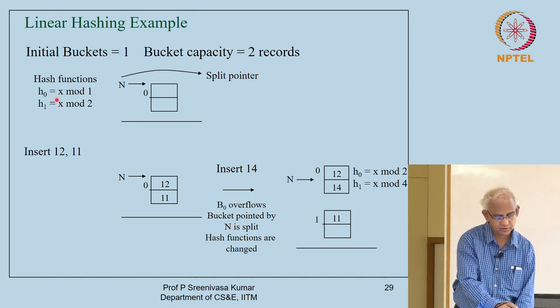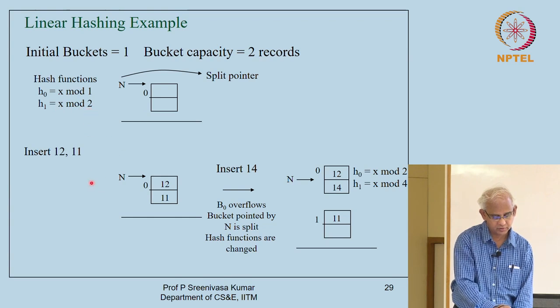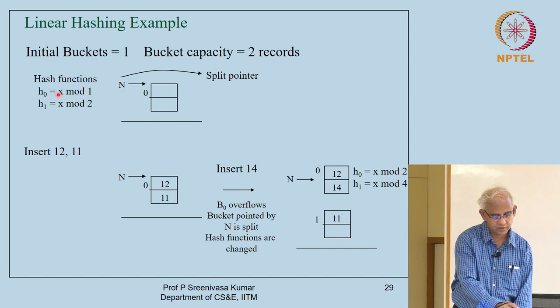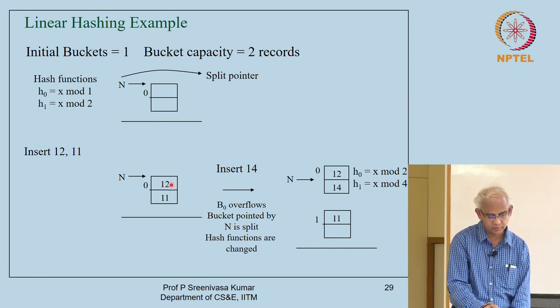The initial hash functions are x mod 1 and x mod 2, and then after the insertions, insert 12 and 11. Since it is mod 1, they will simply go there, and then insert 14.